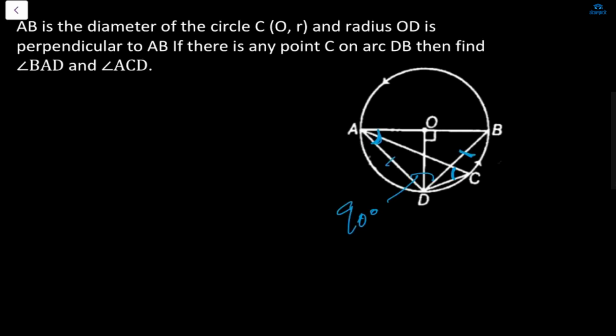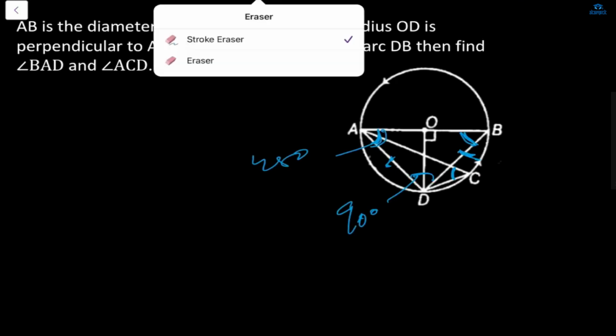So it is an isosceles triangle, and these two angles are equal since the angle is 90 degrees. So each will be 45 degree, in the very simple way, without using any theorem, and you can easily find it.